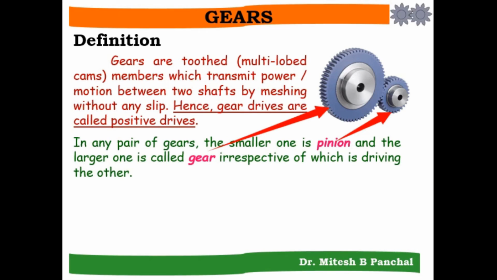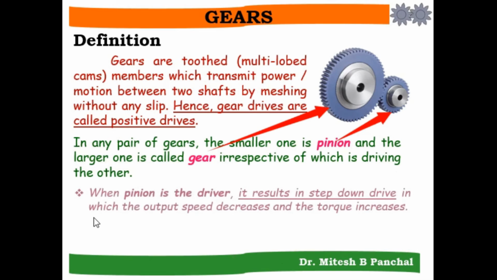Irrespective of the driver and driven element, the smaller gear is always known as the pinion, while the larger one is always known as the gear. Although the pinion is also a gear, due to its smaller size it is known as the pinion.